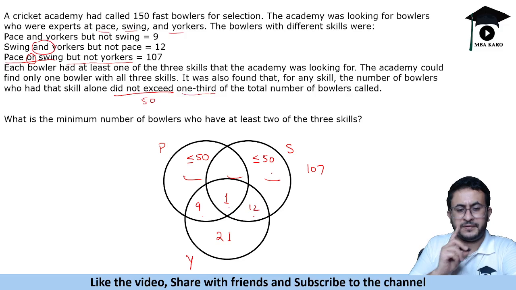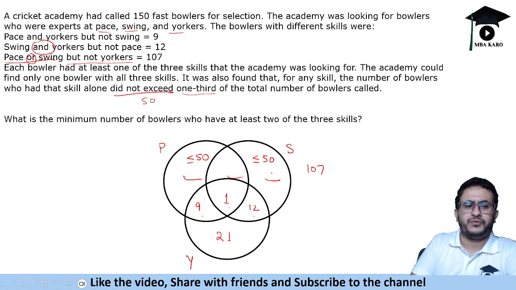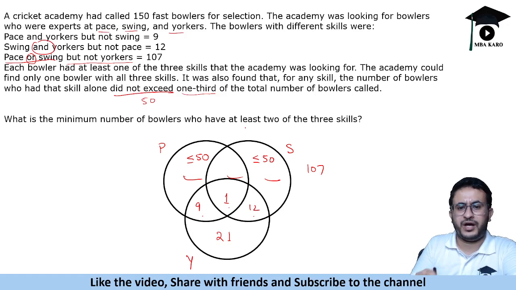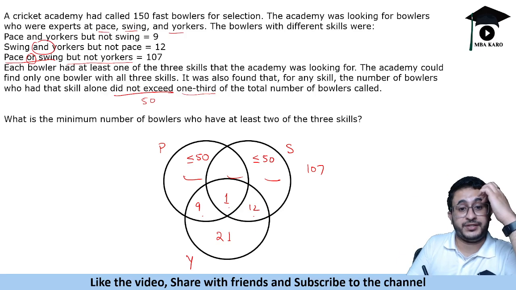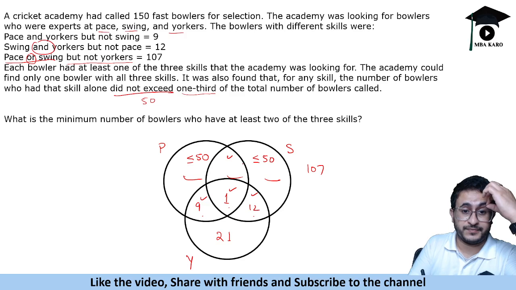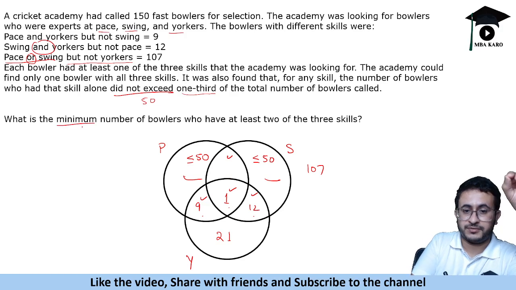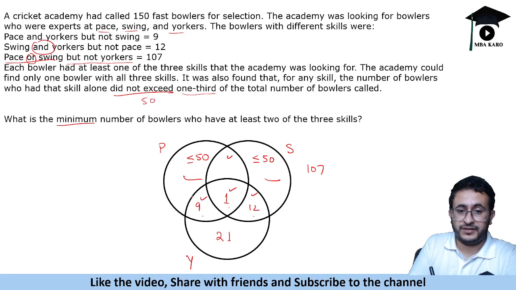Now the first question is, what is the minimum number of bowlers who have at least two of the three skills? At least two of the three skills means this, this, this and this. We need to find the minimum such number. When will the minimum come? When all other values are put at the maximum.